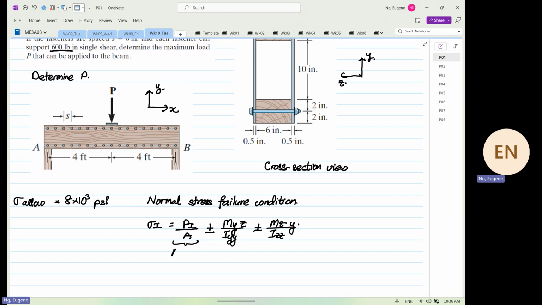This is due to axial load. To our blessing, there's no normal load over here. So this you can cancel out. Then the next thing we know is that over here, this is our rotation about Z. So there's no moment about Y, so this is equal to 0. Only this formula is left standing. Be clear. So this is one condition. This condition, the normal stress failure condition, is due to what? Bending moment.